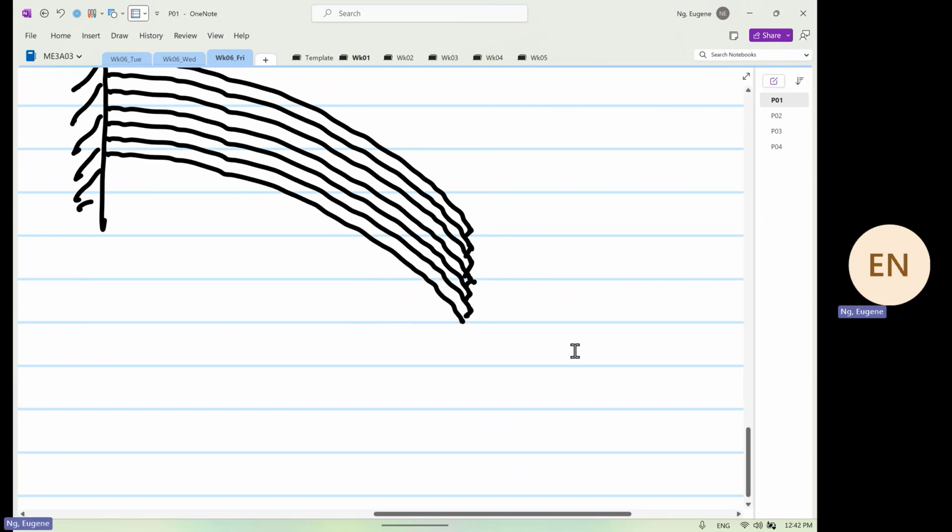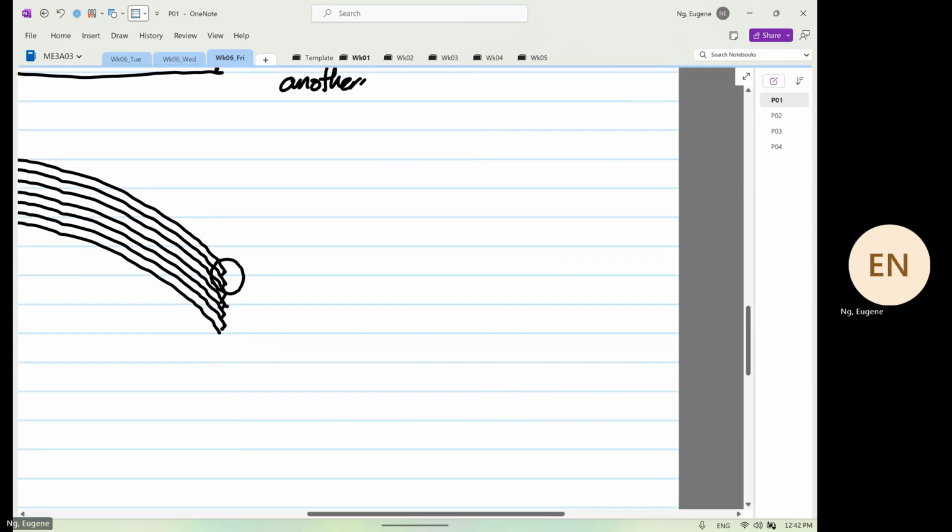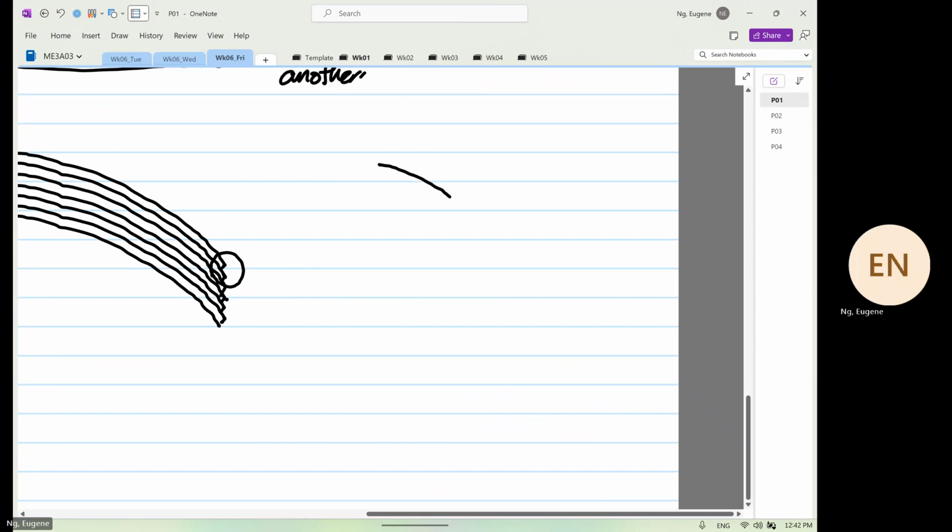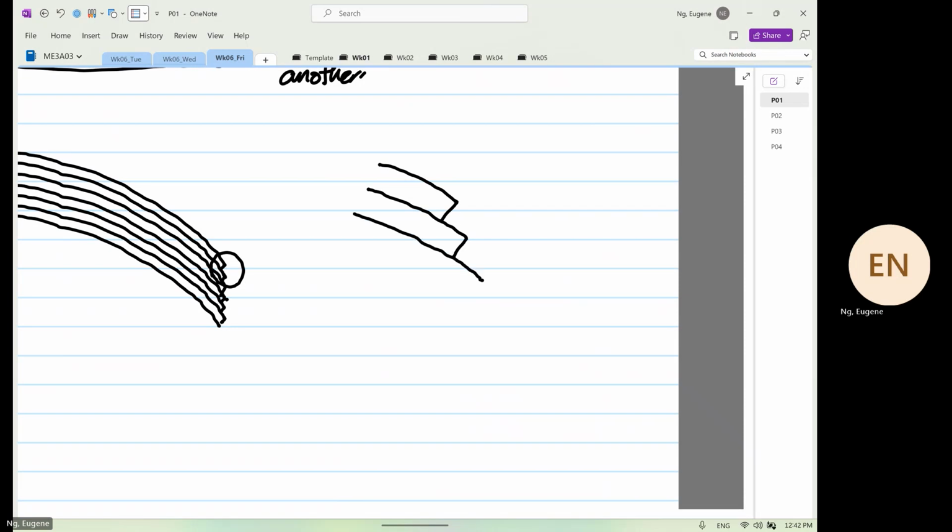So what you see now, if we were to expand this view, it looks like this. What you see over here is a delta, yes or no?